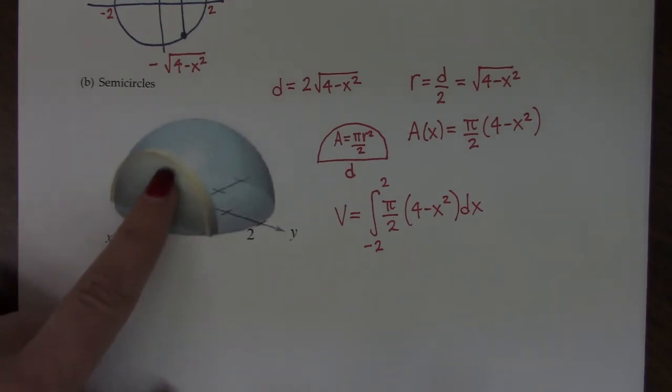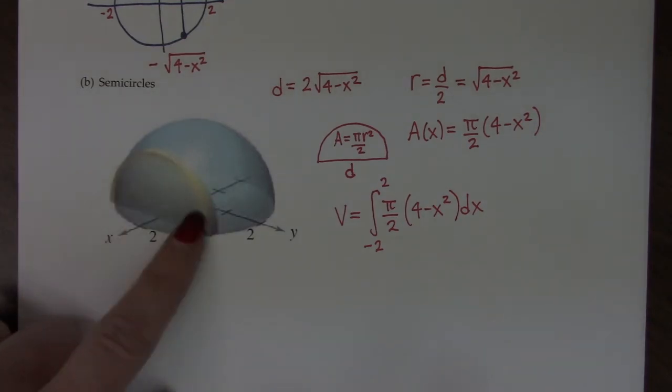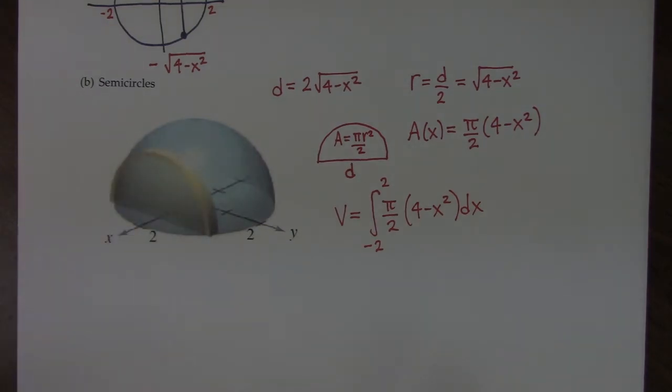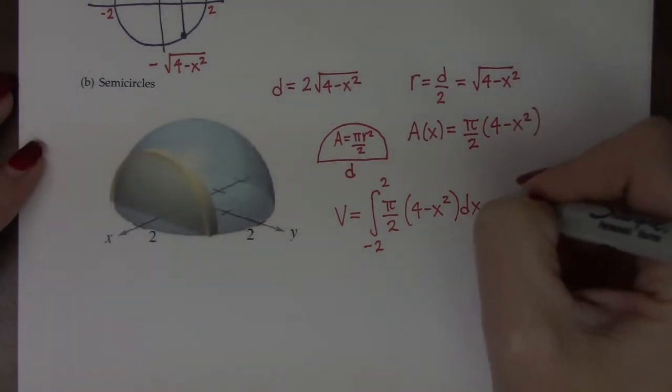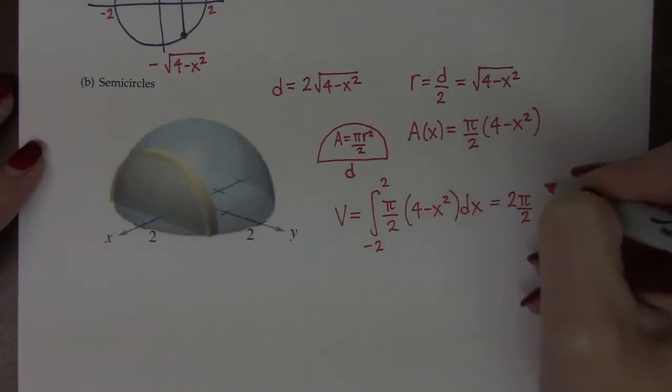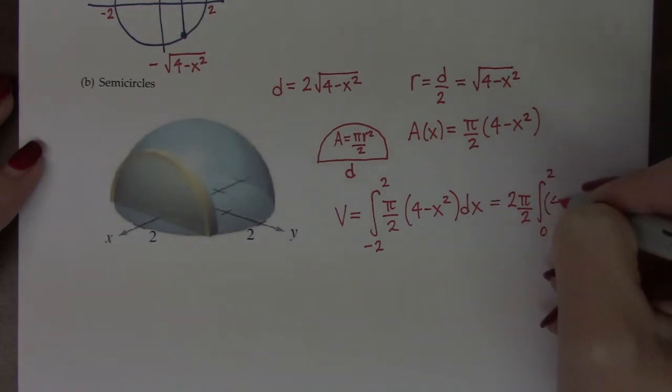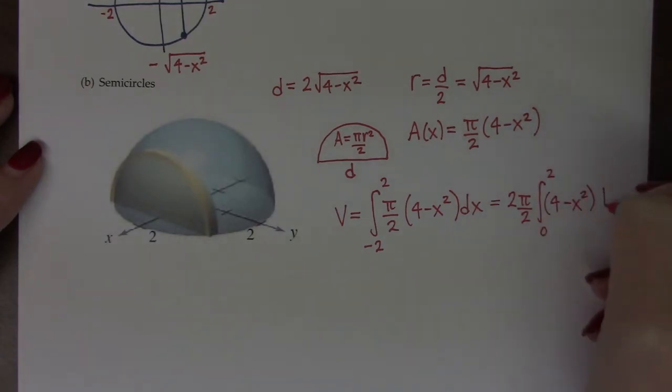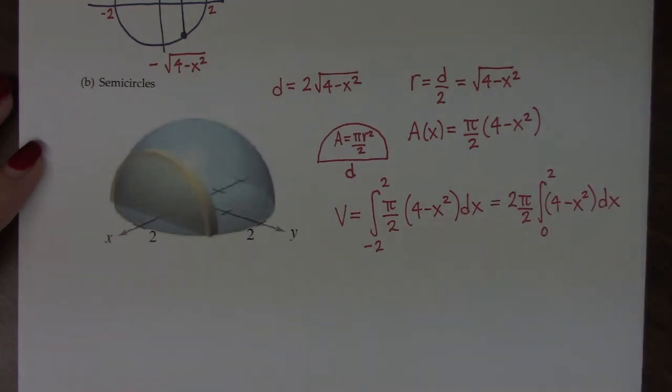You can see that the y-axis just slices this guy in half. So if I take the area of the right side and double it, it's the same thing as getting the whole thing. So I can use my handy trick and say, well, this is 2 pi over 2 from 0 to 2 of 4 minus x squared dx.